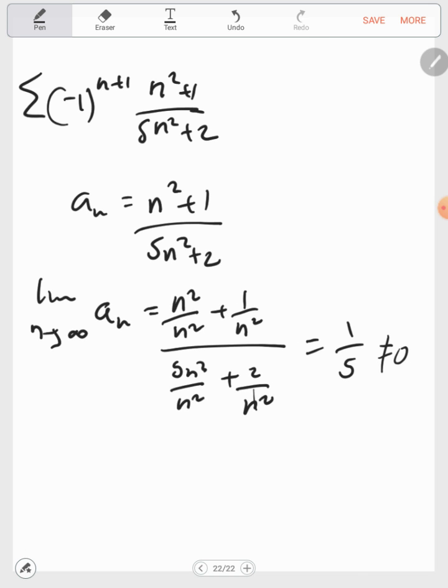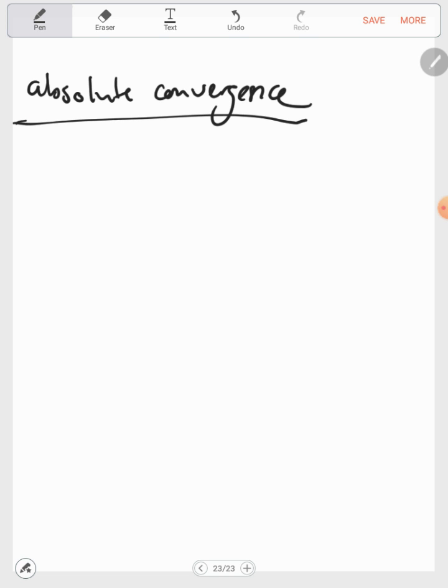Alright, so now we move to the next thing, and that's just the definition of absolute convergence. This one just says that a series converges absolutely if the absolute values of each term converge.